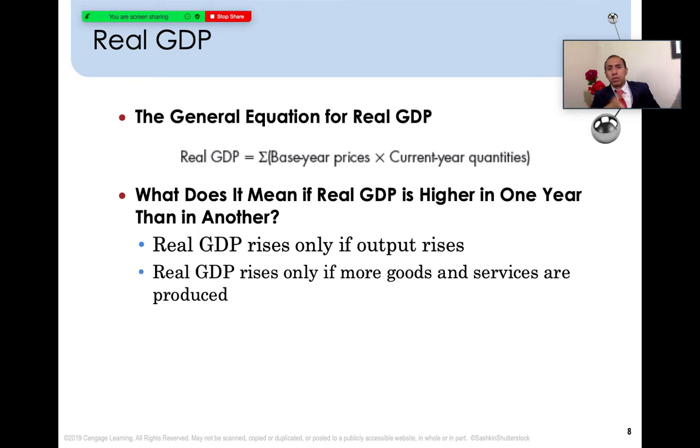You can also see an increase in real GDP if there's a slight increase in output and slight increase in prices. When you compare it to the previous year, you can actually analyze it there as well. But for the most part, if you want to be really conservative, really strong about GDP analysis, real GDP should only increase if more goods and services are produced from 1 year to the next in comparison to the previous year.